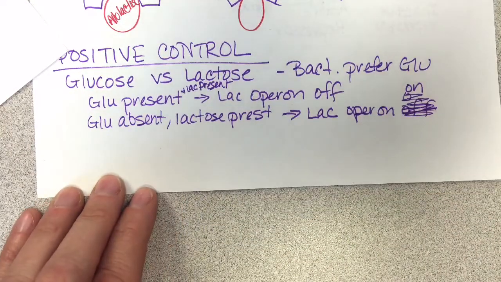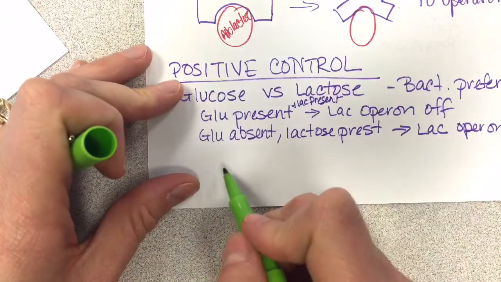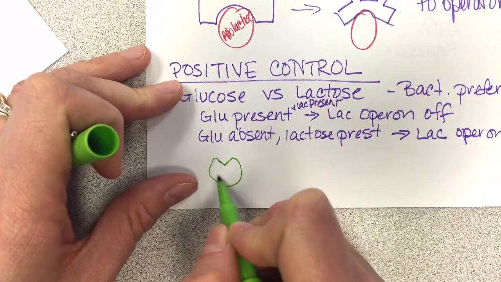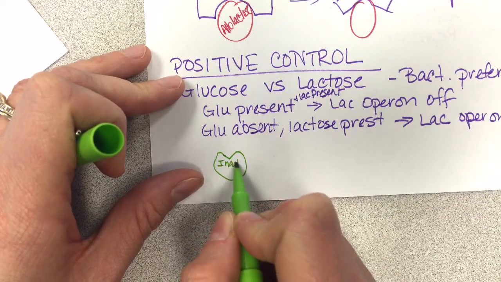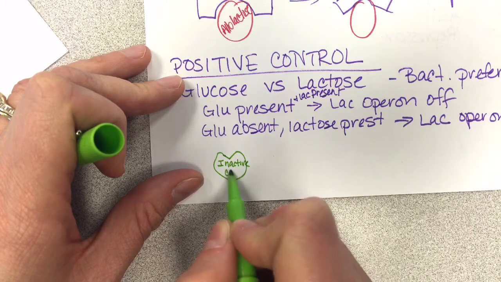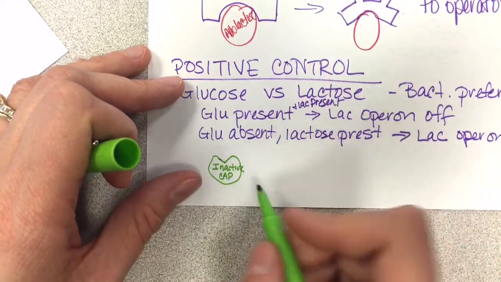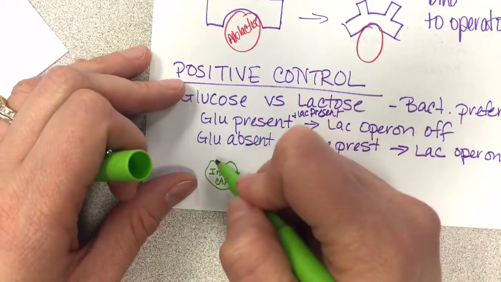So we use this CAP protein. CAP is normally in the inactive form. So this is your inactive CAP. It becomes activated when something called cyclic AMP binds.